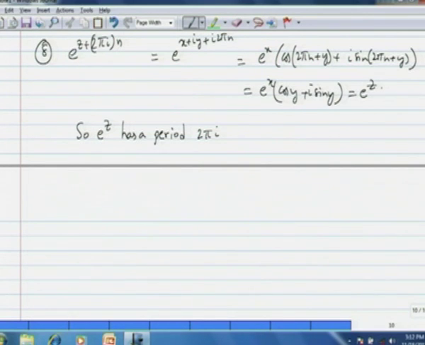Okay. So, these are some of the properties of the exponential function. Next, let us look at the mapping properties of this exponential function. By mapping properties, I mean let us try to see how this exponential function maps certain important sets in the complex plane to its range.